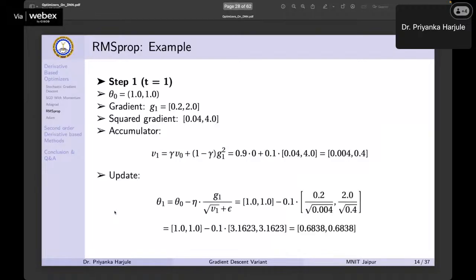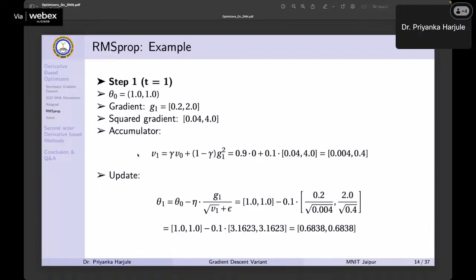So as we progress further with the formula, we get V1 to be nu times V0 plus (1 minus nu) times G1 squared. Okay, so when we use the values, you get it to be (0.004, 0.4). Similarly, when we update the theta1 value using the formula of AdaGrad, you get theta naught minus eta times this.